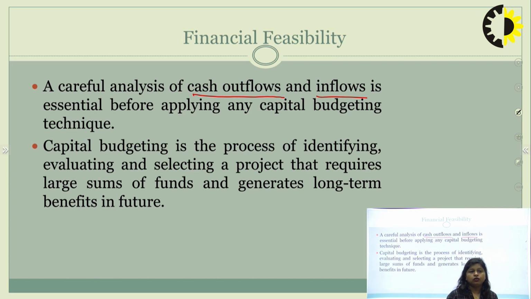So we need to find out the cash outflow and cash inflow in the financial analysis of the project. A careful analysis of cash outflow and inflow is essential before applying any capital budgeting techniques.